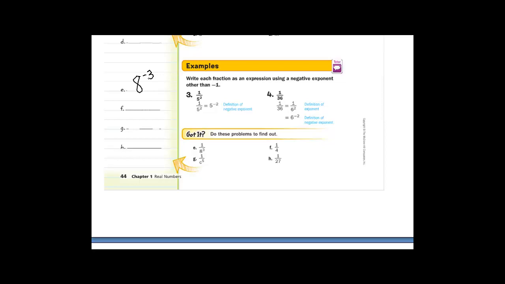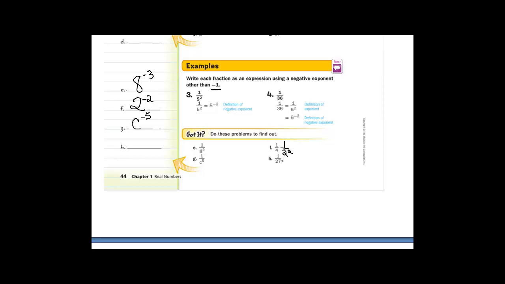F, if it wants something other than negative 1, I'm going to have to write 1/4 as 1 over 2 squared. So then when I rewrite that one over here, it would be 2 to the negative 2. This one, reciprocal of that, C to the negative 5th. Reciprocal, change the sign of the exponent.